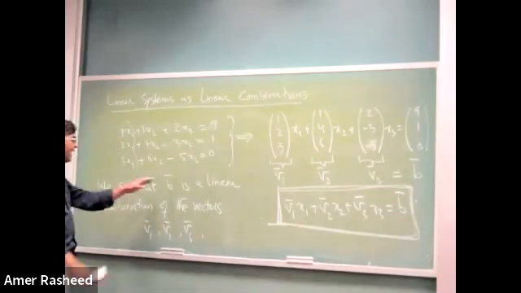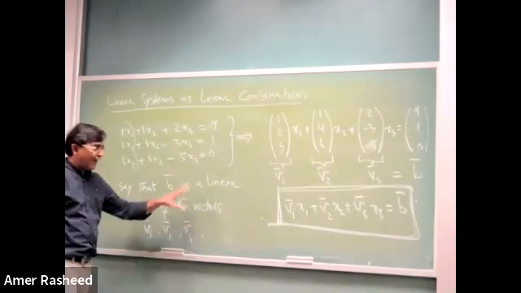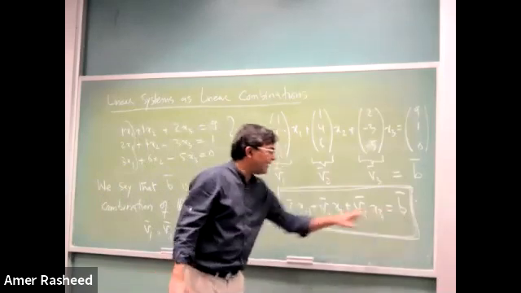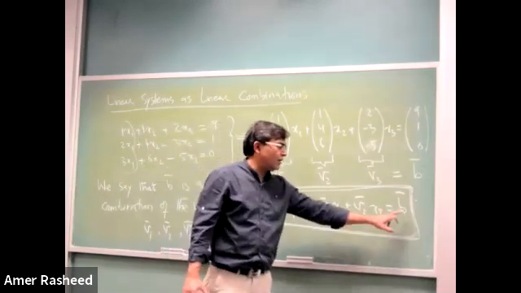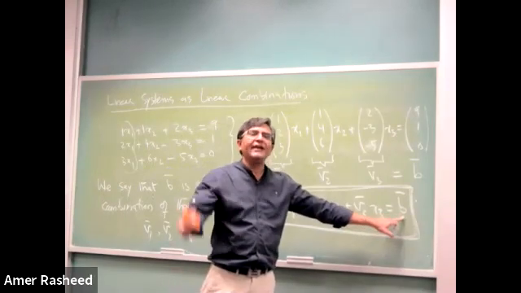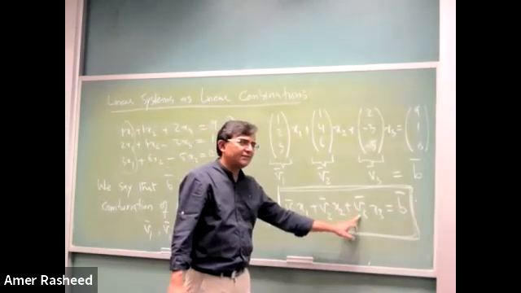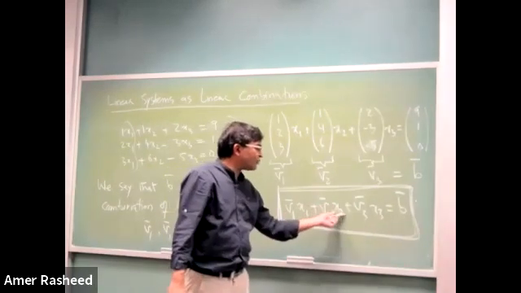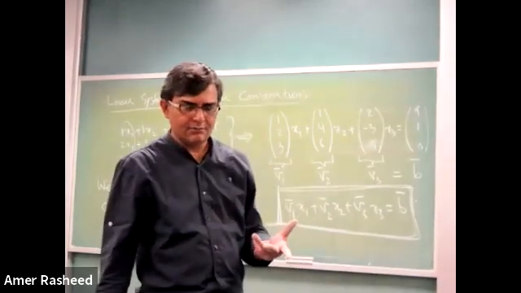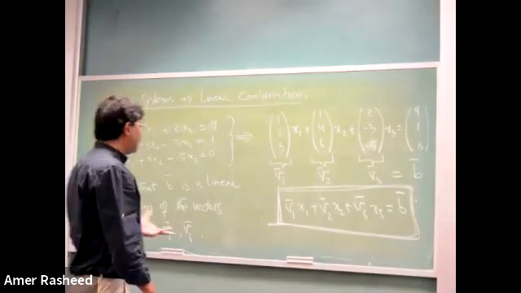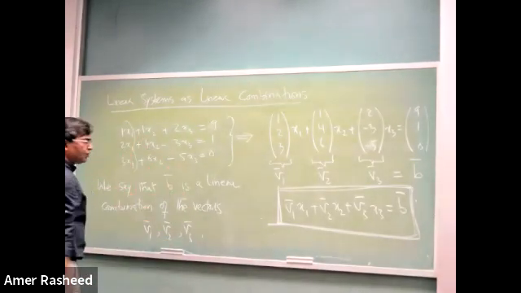We say that B is a linear combination of the vectors V1, V2, V3 if we can write B in this form. This is called the linear combination of B in terms of the vectors V1, V2, V3. Where x1, x2, and x3 are some unknown scalars. What is the general definition of linear combination? I hope you get it. If you have any question, you can ask.